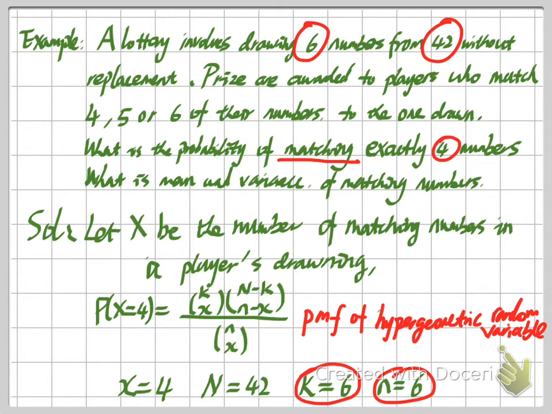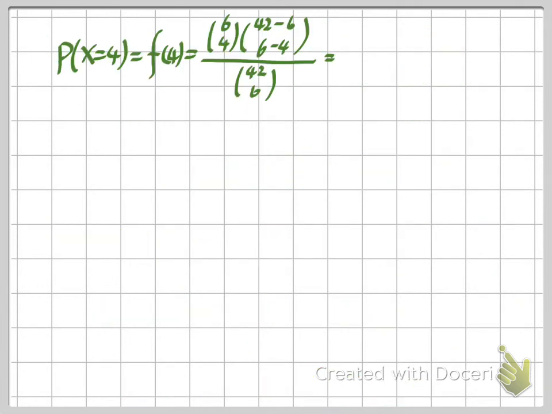Okay, after we have all of these values of small x, capital N, capital K, and small n, the next thing is we just plug all of these numbers into our formula of the PMF for a hypergeometric random variable. When you put in all of the numbers, we get this equation.